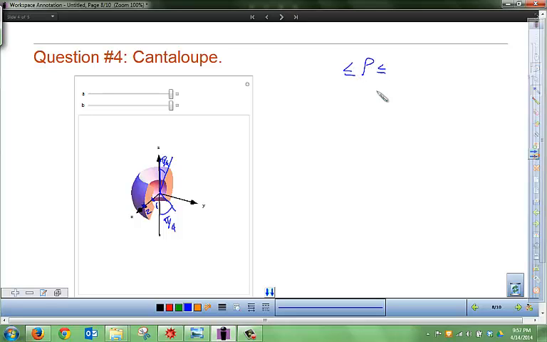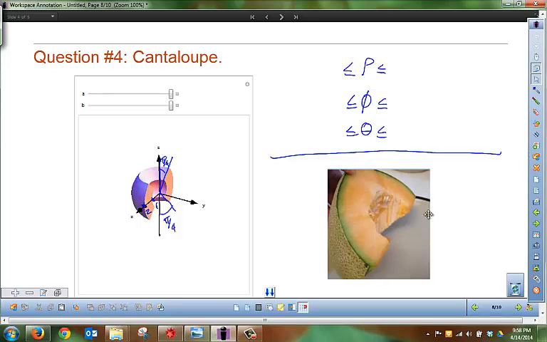So the question is, what is our rho, our phi, and our theta? And this is my best attempt of that cantaloupe cut. It probably needs to have been cut at a slightly higher angle than what we have here. But this is what the picture should look like.